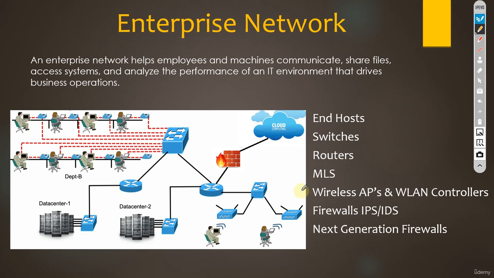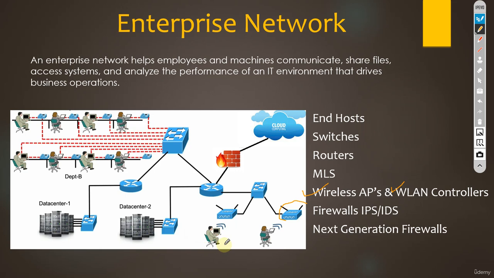Then we have wireless access points and wireless LAN controllers. As you can see here, these end hosts are connected via wire, directly connected to the switch. But in your enterprise environment, we could have users without wires.